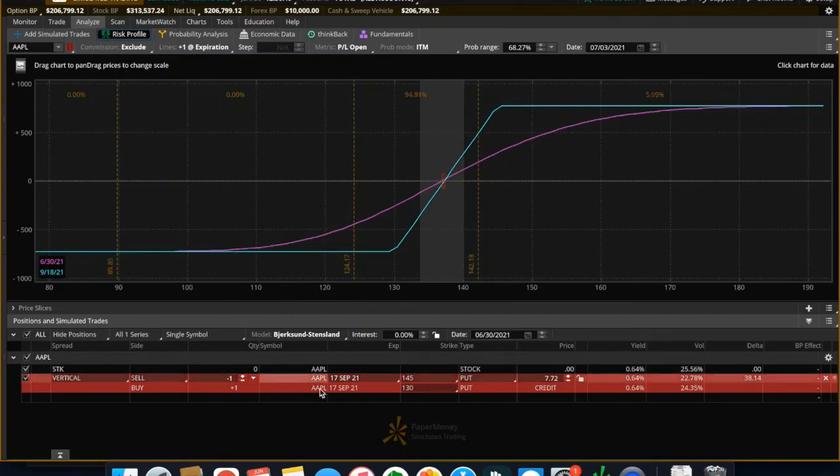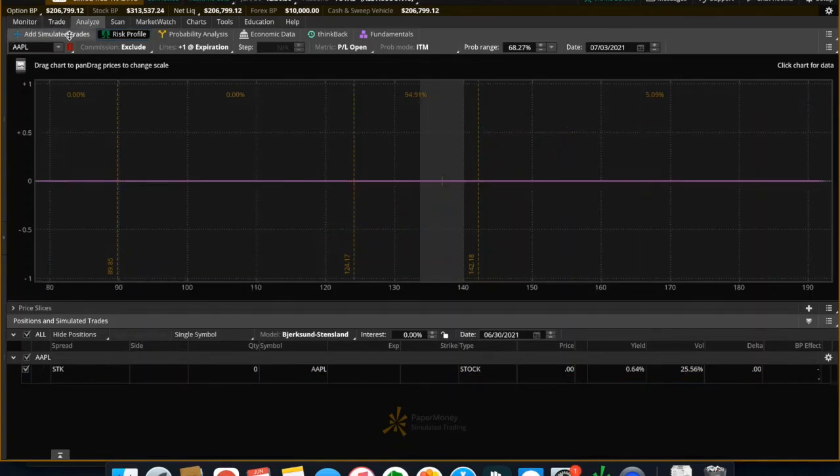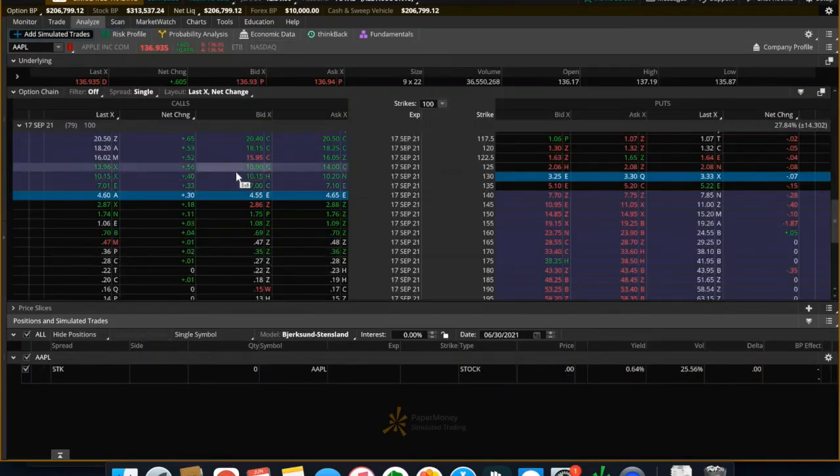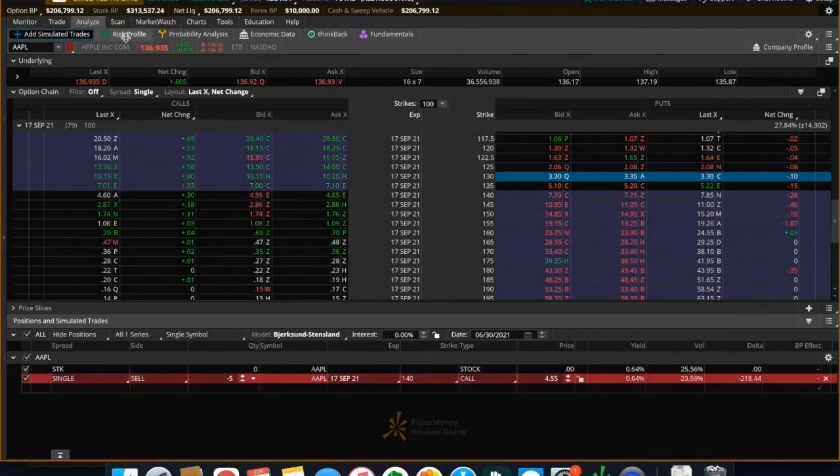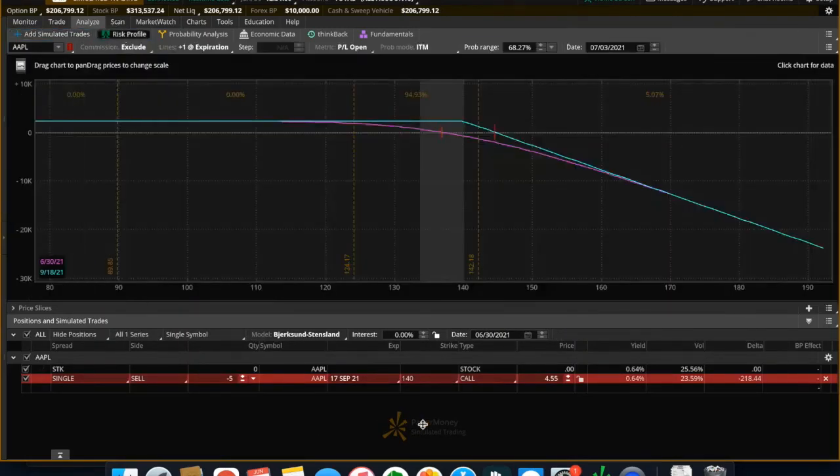Now, what if I did, and this is why this is important, let's talk about what happens if you sell a call, okay? Let's say we want to sell a call, and let's look at our risk profile. I hope you can see that if you sell this call and things go down or stay the same, you're going to make some money.